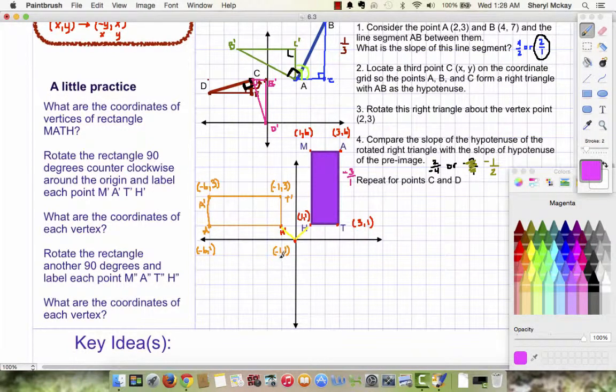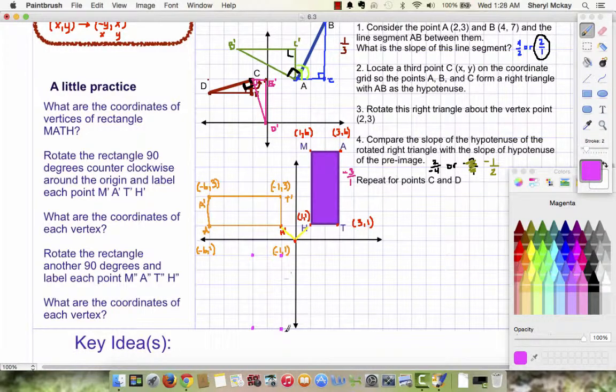So hopefully you did the same thing. You thought about your H moving to right here. And then let's see, your M is going to need to come down this way. 1, 2, 3, 4, 5, 6. Your A is going to go right here. And your T is going to go right here.